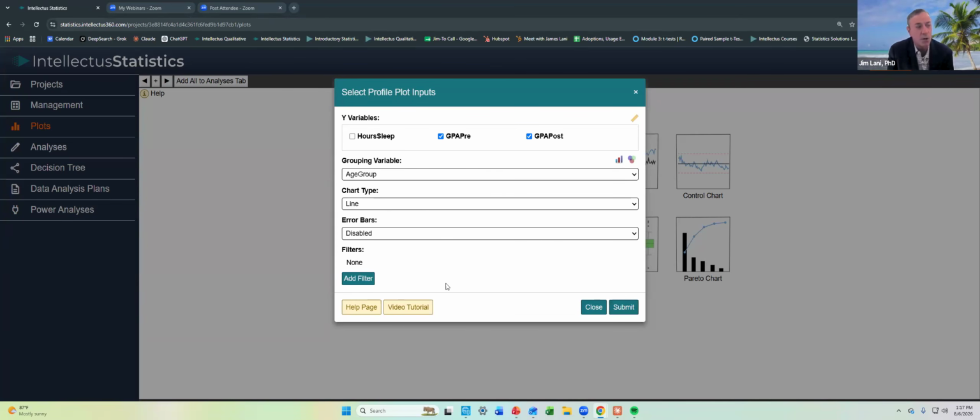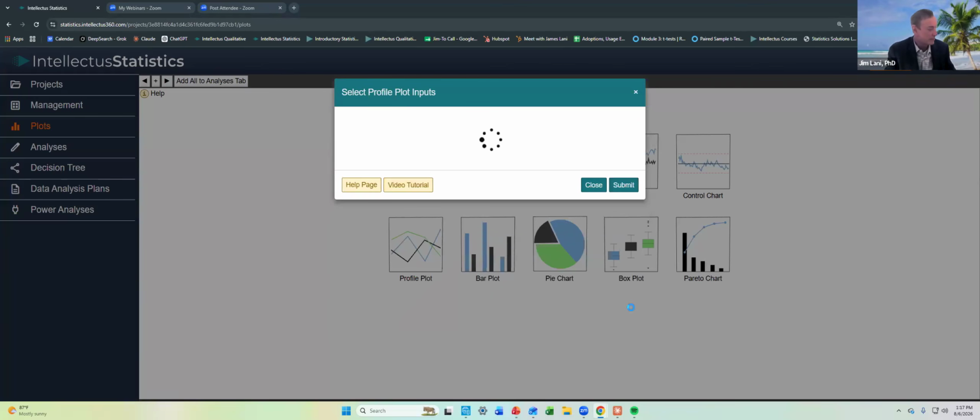Should also note on every single one of the data management functions, every one of the plots, and every one of the analyses, you have a video tutorial. No more Googling around. You can just see a 2-minute video about how to do that plot or analysis.